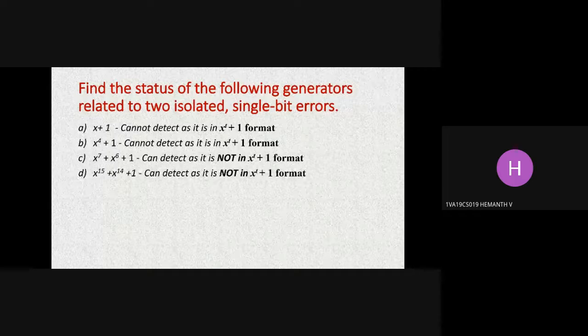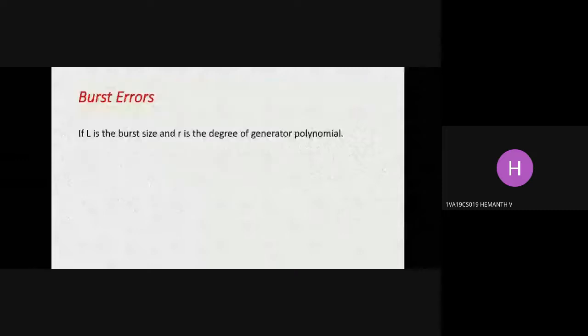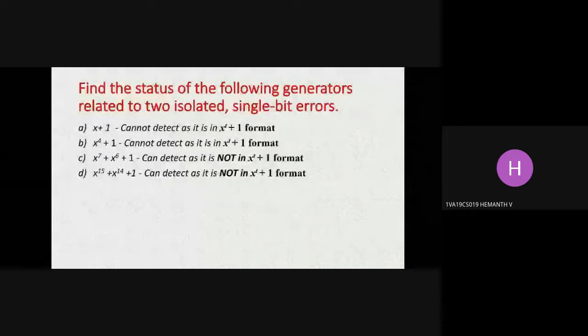The fourth one, the given generator is x power of 15 plus x power of 14 plus 1. So even this generator is not in the form of x power of t plus 1. So even this generator polynomial can detect two isolated single bit errors. So that is about finding two isolated single bit errors.